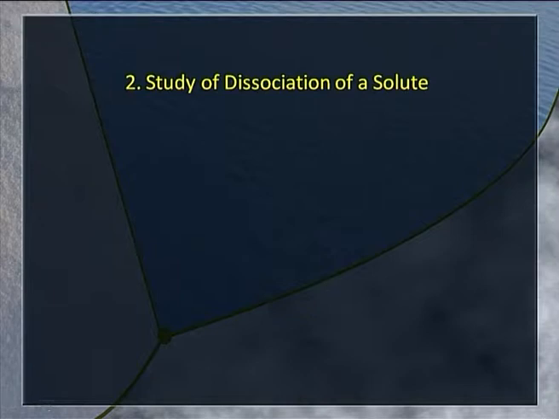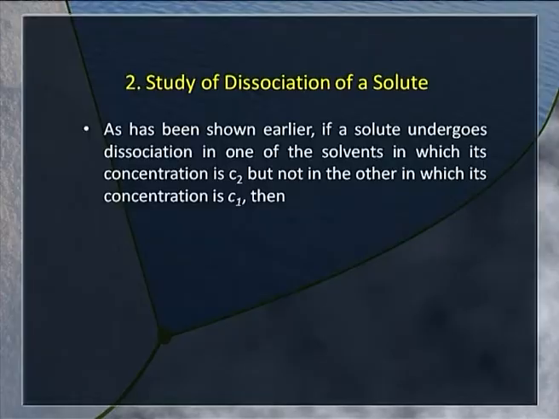Let us now look at the study of dissociation of a solute. As has been shown earlier, if the solute undergoes dissociation in one of the solvents in which its concentration is C2, but not in the other solvent in which its concentration is C1, then we can write C1 upon C2 into 1 minus alpha is equal to Kd.